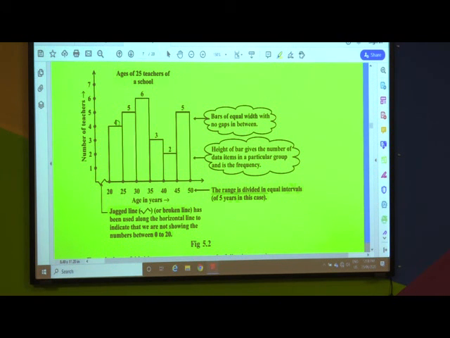How many teachers are in this age group? 4 teachers. 25 to 30, 5 teachers. 30 to 35, 6 teachers. 35 to 40, 3 teachers. 40 to 45, 2 teachers, and 45 to 50, 5 teachers. So the height of the bar is indicating that.